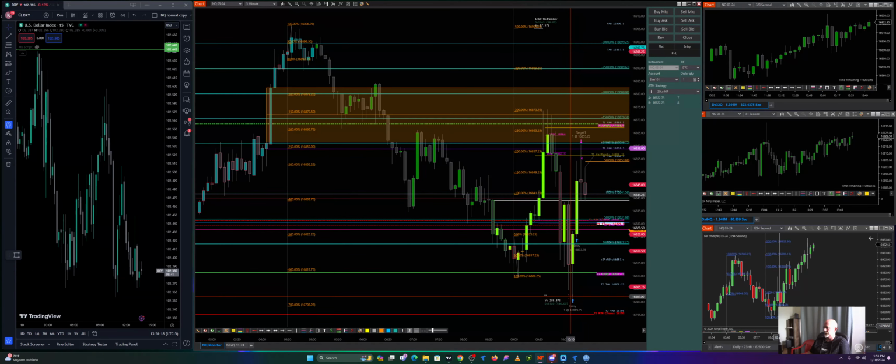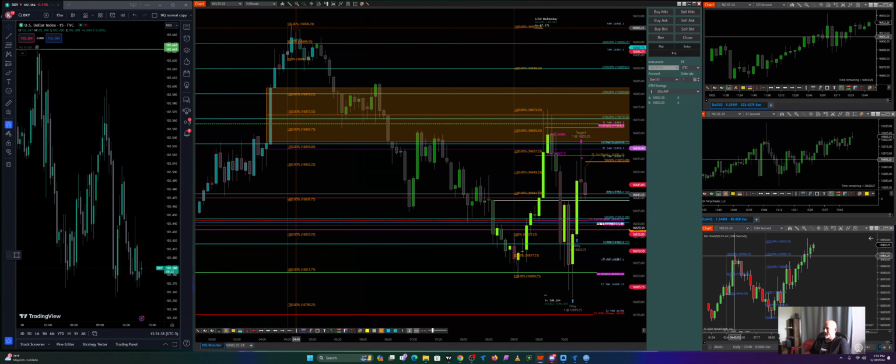They were only able to do the damage with the wicks. But we do like to see that the manipulation deviations are aligning with powerful price levels, right?